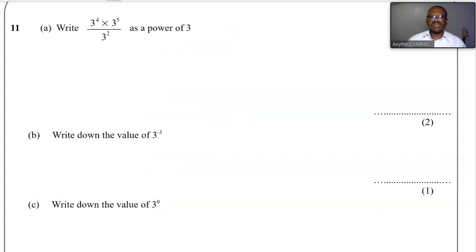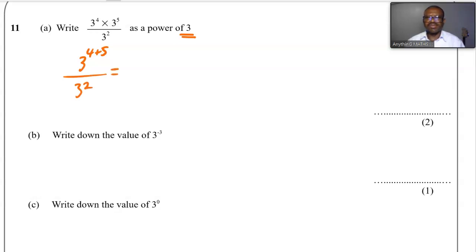So I always want you to pay attention to the requirement of the question. We are supposed to write this as a power of 3. Okay, power of 3. If you don't do it that way, you're not going to get all the marks. So how do we solve this? We look at the numerator. In the numerator, they all have the same base, so we can add the powers: 3 raised to the power 4 plus 5, all divided by 3 raised to the power 2.